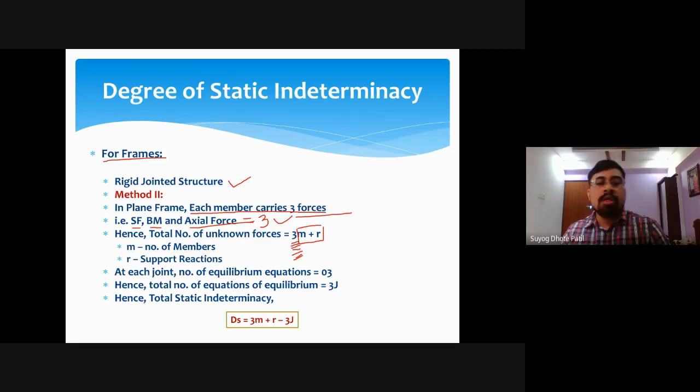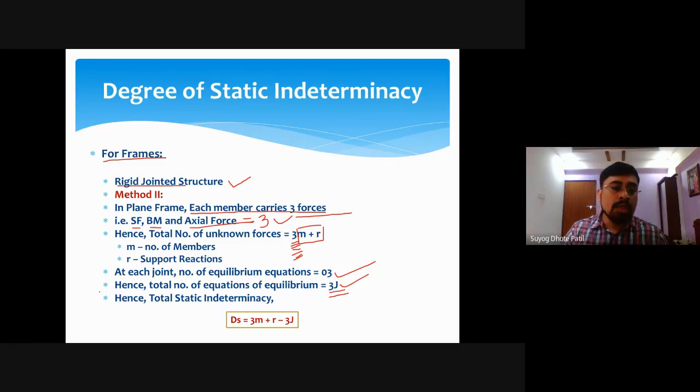Then at each joint, the number of equilibrium equations is 3, as we know for a rigid jointed structure: summation of Fx equal to 0, summation of Fy equal to 0, summation of moment equal to 0. So the total number of equations of equilibrium is 3j, where j stands for joint.